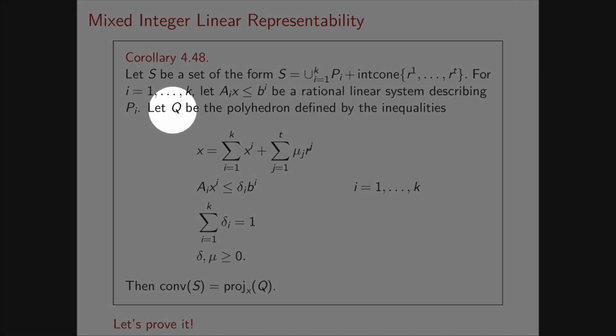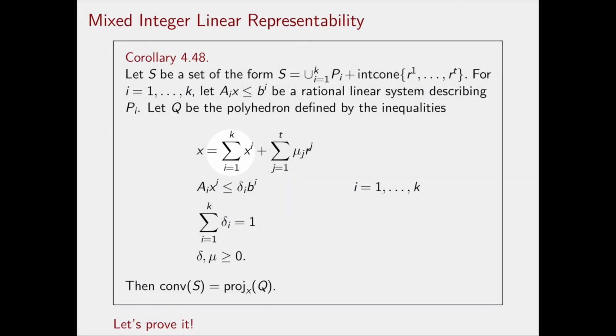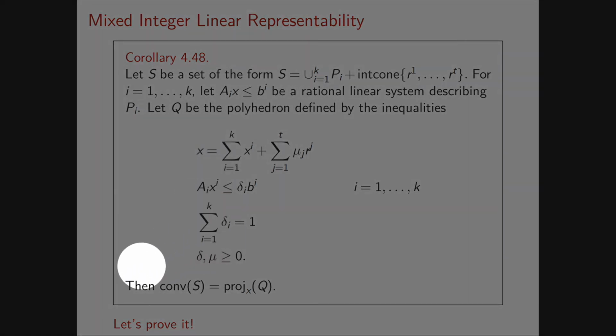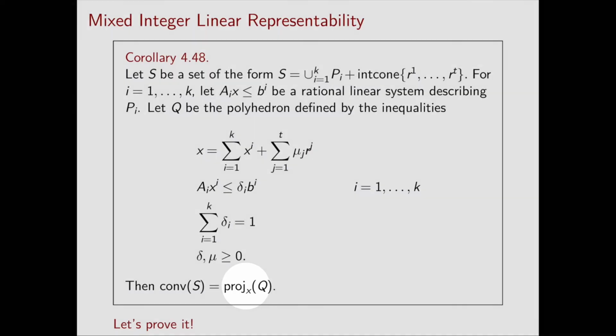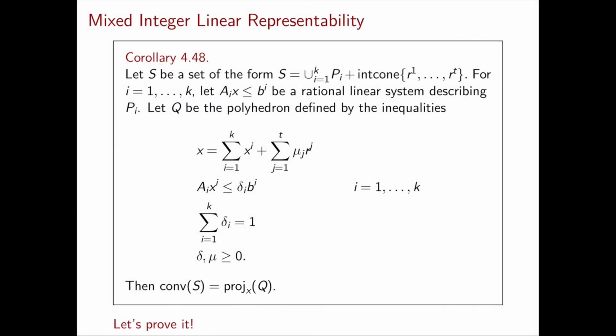Then we write the polyhedron Q, which is the standard linear relaxation of the representation that we obtained in the previous theorem, which is this one described here. And we can show that the convex hull of S is exactly the projection of this polyhedron onto the X space. Let's prove this corollary.